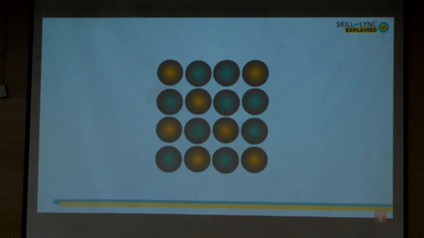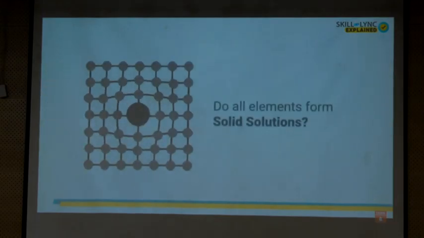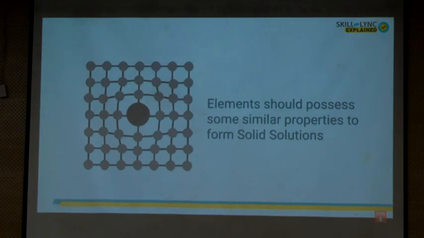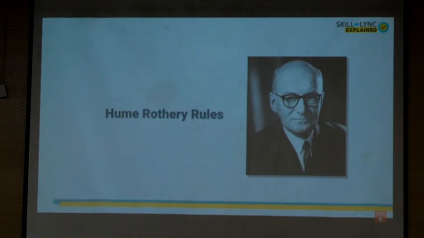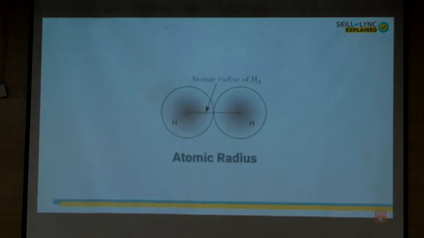Well, that's all about the types. But do all elements form solid solutions? The elements should possess some similar properties to form solid solutions. Hume-Rothery put forth a certain set of rules that state the conditions for metals to form solid solutions. First, both the solute and solvent atoms should have similar atomic radius.